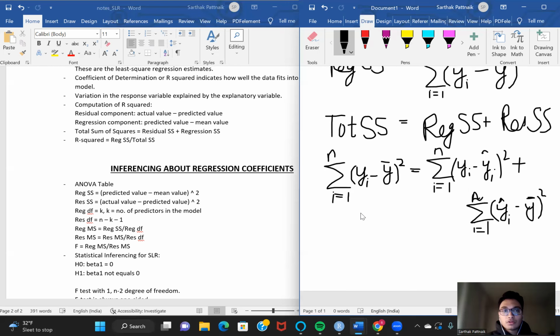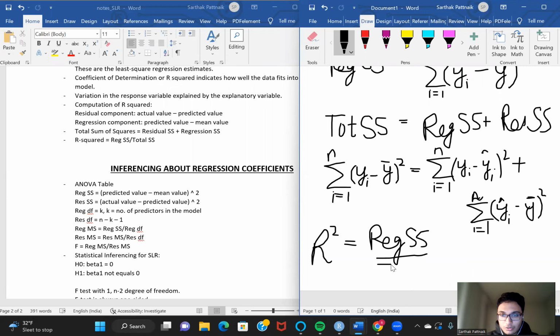So now we come to how to calculate the value of r squared. Now my r squared value is going to be regression sum of squares divided by total sum of squares. All right.